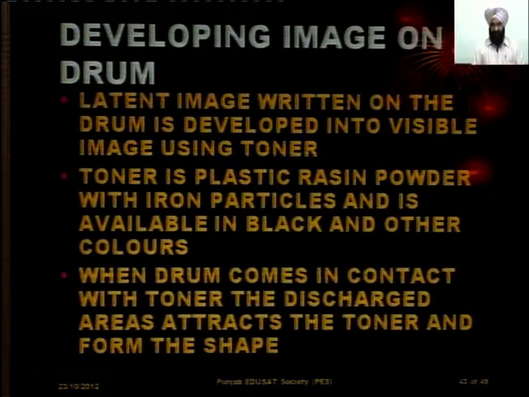When the drum comes in contact with toner, the discharged areas attract the toner and form the shape. That latent image which is not visible to the human eye is now visible by developing on the drum.